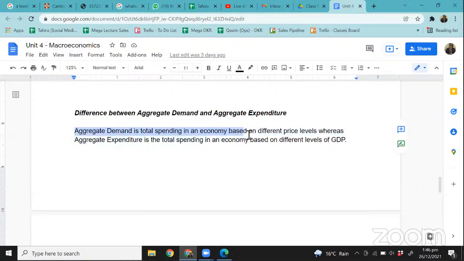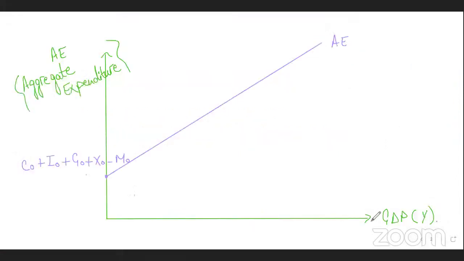Aggregate demand is the total spending in an economy based on different price levels, whereas aggregate expenditure is the total spending in an economy based on different levels of GDP. And that's why you can see that we have GDP on the x-axis. So it will be an upward sloping line with a y-intercept.